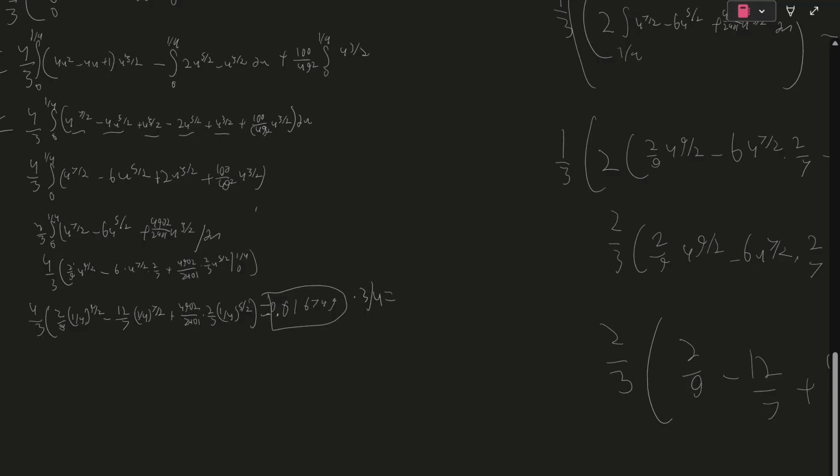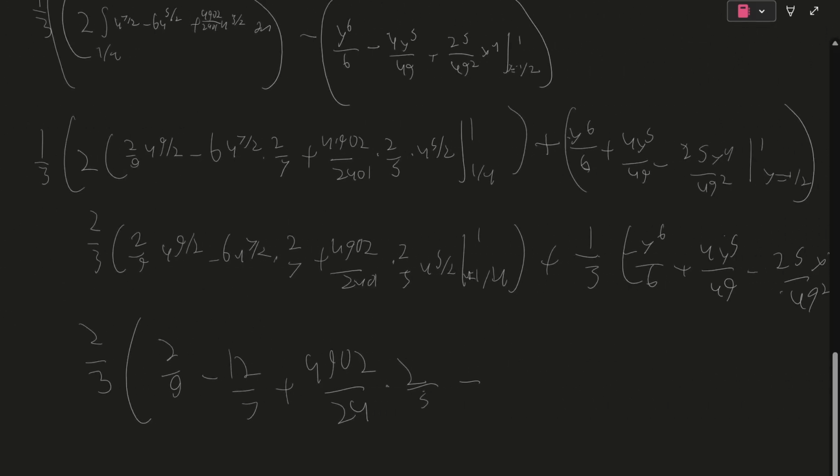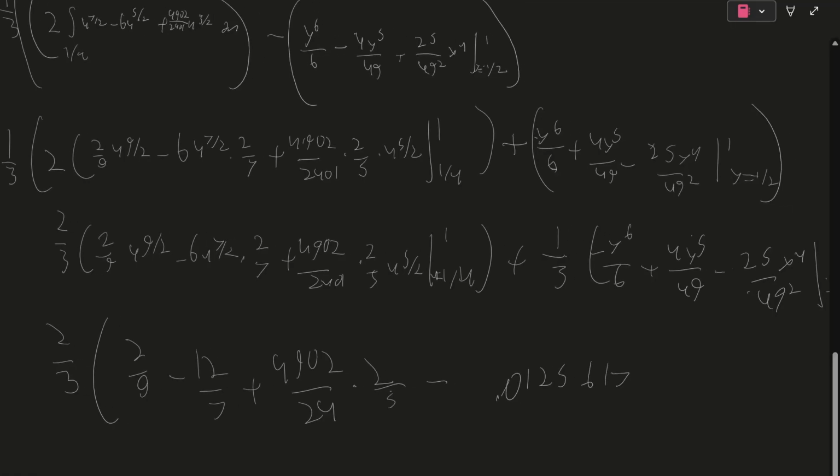So I have 0.016749 times 3/4. And we get minus 0.0125618.